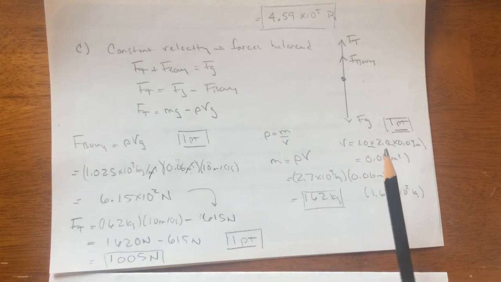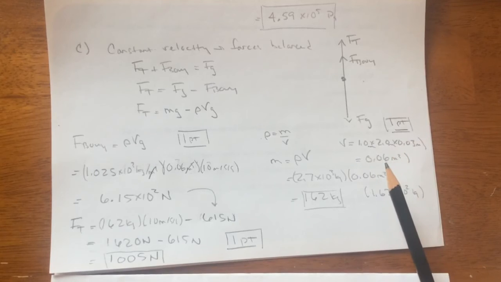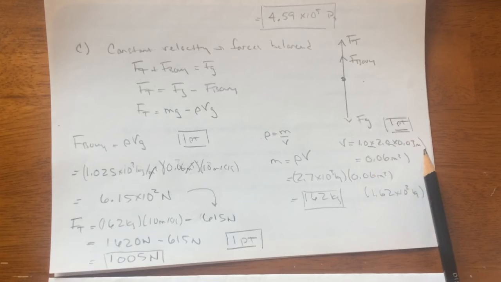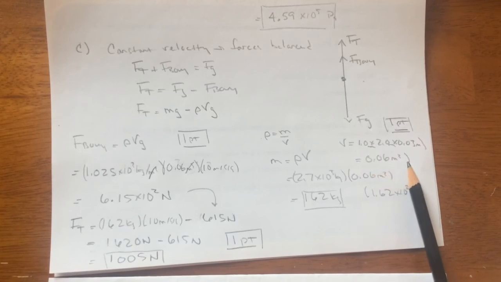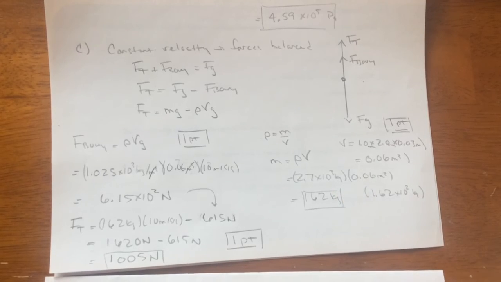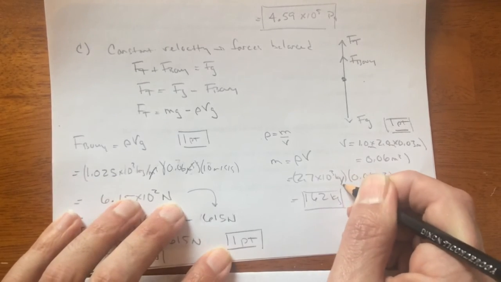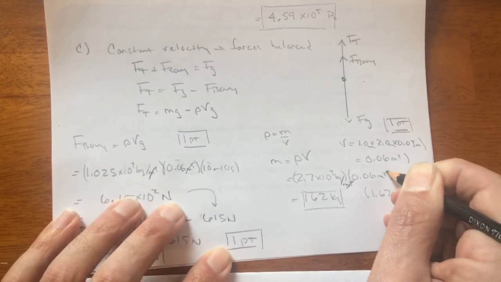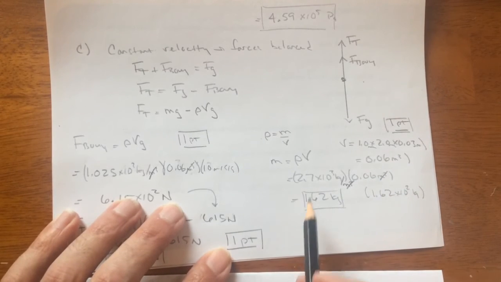We're given the dimensions of the plate in the problem statement, and we're going to calculate that volume, 0.06 meter cubed. We're given the density in the problem statement. I should have been explicit here because meter cubed is going to cancel. Density times volume is going to give us the mass.